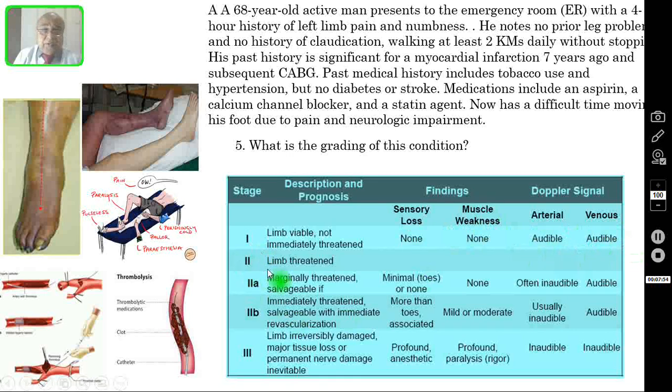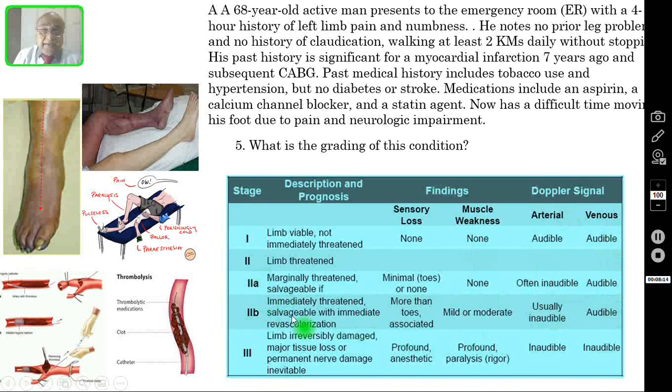Grade 2, the limb is threatened. 2A is marginally threatened, limb is salvageable. So sensory loss is minimal, no muscle weakness, arterial signal is often inaudible, whereas venous signal is audible.